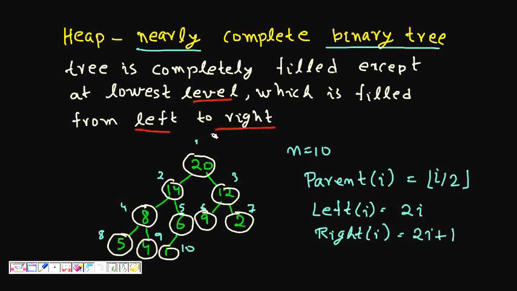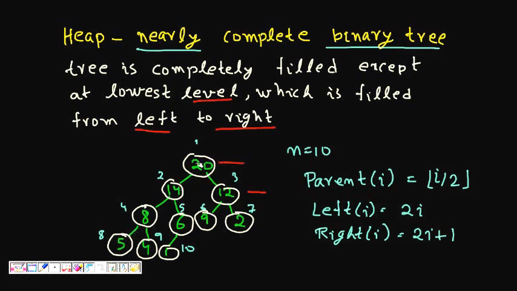So it means that all the levels, like these levels 1, 2, 3, 4, so this has 4 levels, and 1, 2, 3 are all filled completely, but the last level might not be filled completely. It can be partially filled, and the nodes start to be filled from left to right.